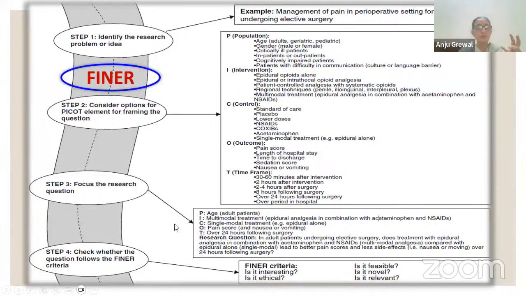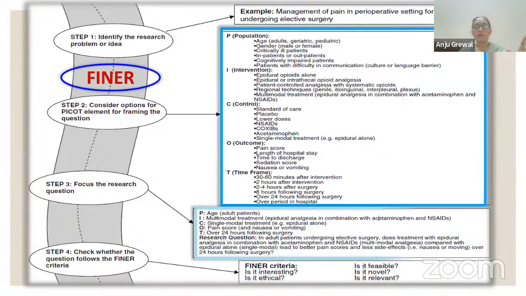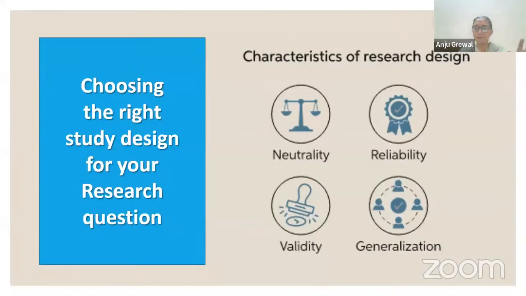And after going through these filters, and defining the PICOT criteria, or maybe the PICO criteria, or whatever criteria you can specifically use, you would then again put them through a filter of FINER criteria. So then what you have is a good research question. And once you have a well-defined, clear research question based on a thorough literature search and putting it through all those criteria and filters that I talked to you about, now is the time to choose the correct study design for your research question.